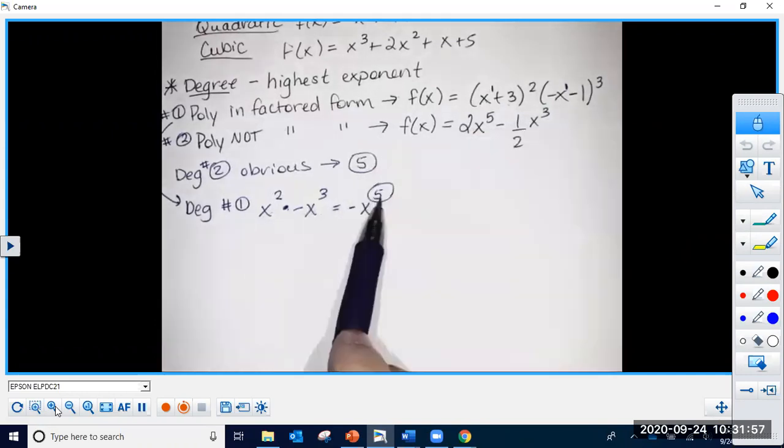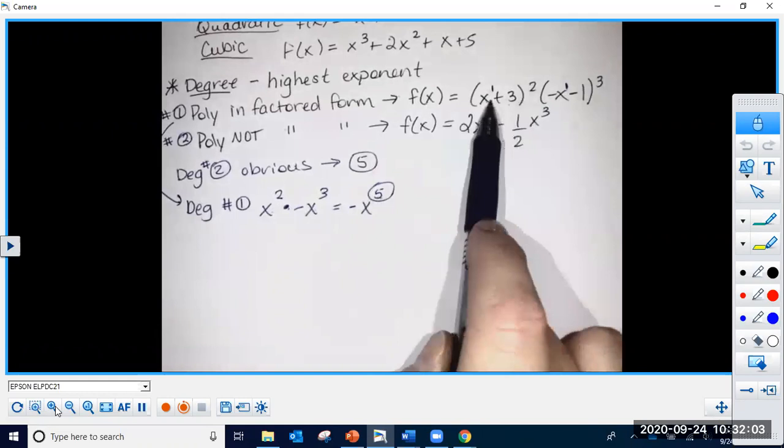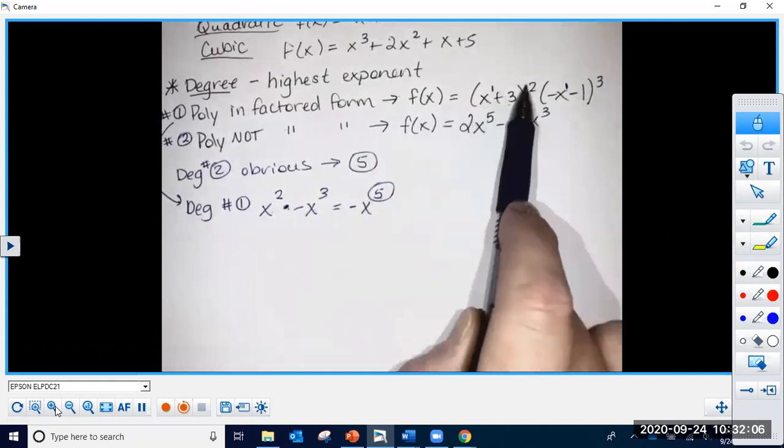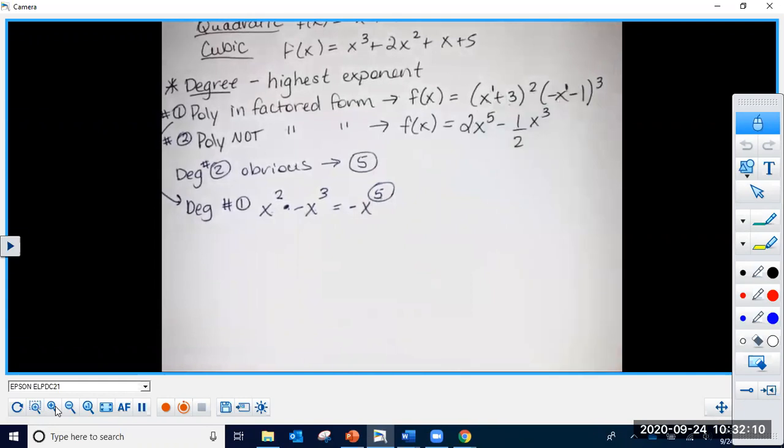So that degree happens to also be 5. So when it's in factored form, figure out what your exponent of x is, multiply it to that exponent, and then add those two together. Does that make sense?